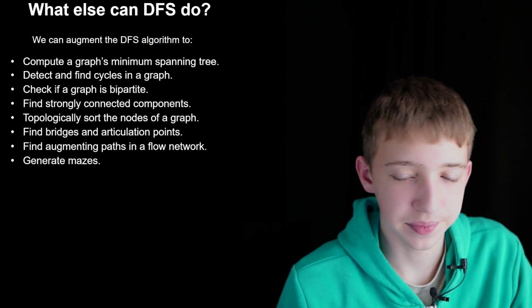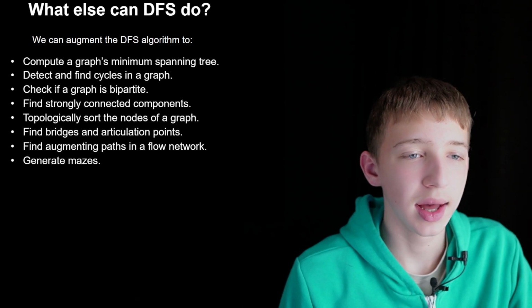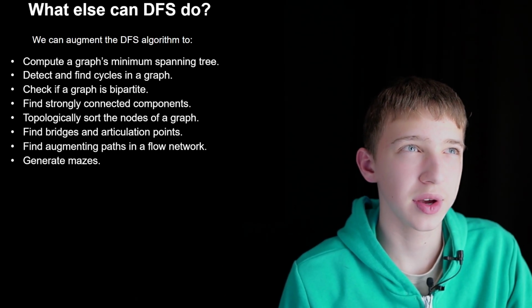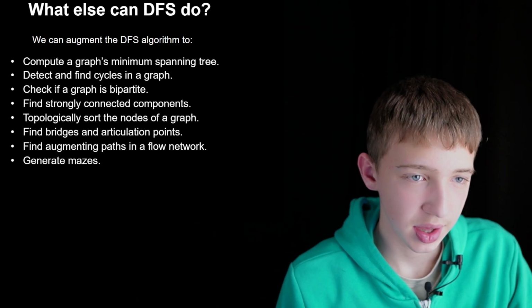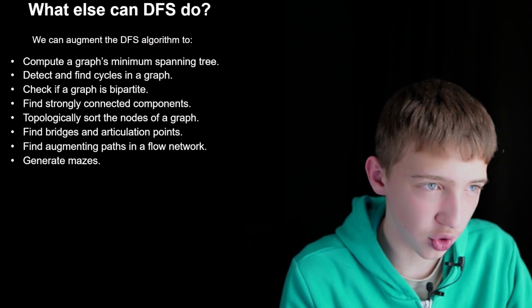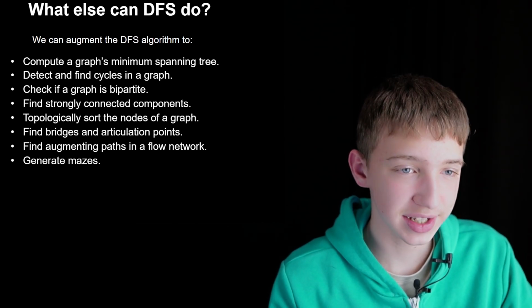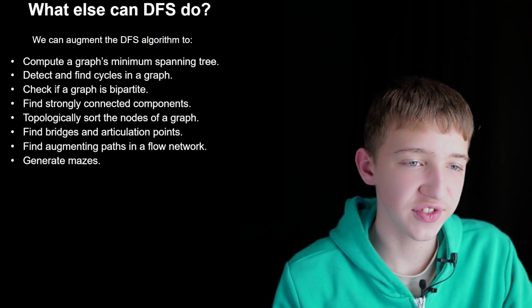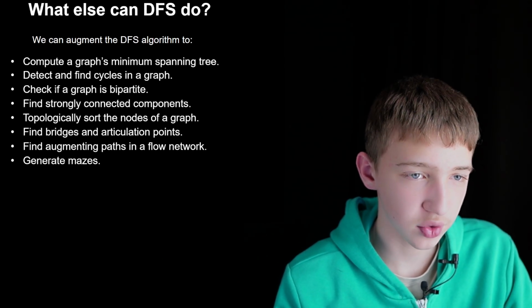So can we split a graph into two groups, where within each of these groups the nodes are not connected with each other. And also we can find strongly connected components, that is also on directed graphs.